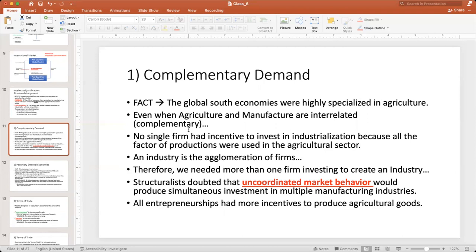All the firms had more incentive to produce agricultural goods instead of manufacturing goods, and we require that every single firm move from agriculture to manufacturing and invest together. So the problem here is that the market cannot provide this type of incentive.